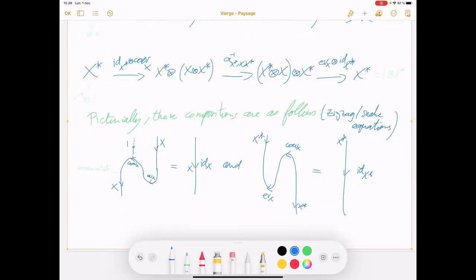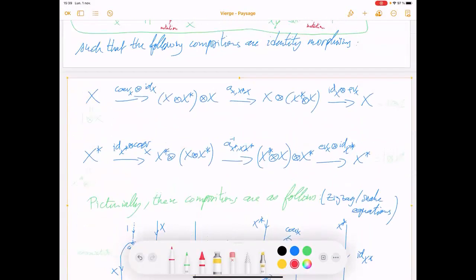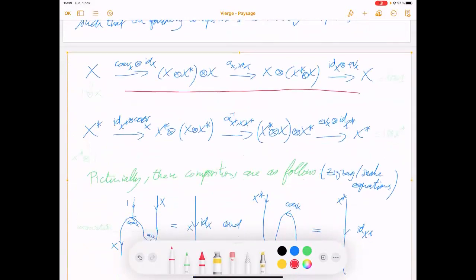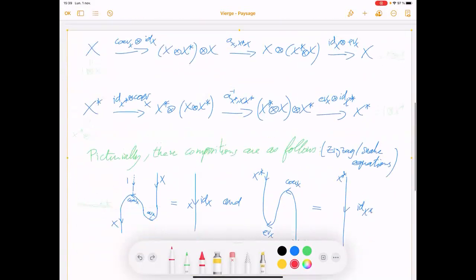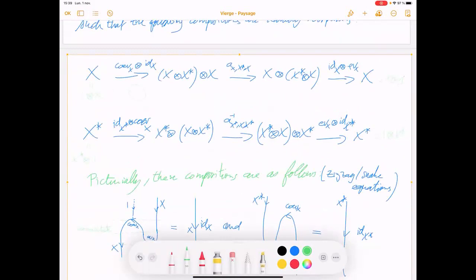So be careful. For example, here, you can decompose in the definition. Here, you apply 1, 2, 3 morphism. So you have also the first one here, and the third one here. So 1, 1, 2, 3.